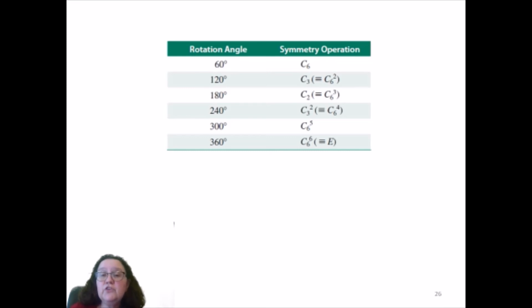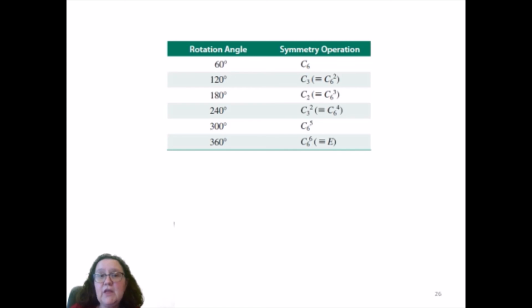A rotation of 240 degrees would equate to 2 rotations around a C3 angle, or 4 rotations around a C6 angle. A rotation of 300 degrees would equate to 5 rotations around that C6 axis.